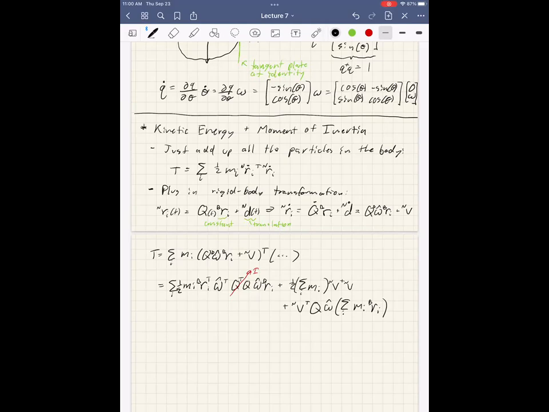If I have a bunch of r_i vectors, this is a mass weighted mean. This is the center of mass times a constant, the mass. But this guy is the center of mass of the body. So I can play a trick now. If I define my body coordinate system so that its origin is at the center of mass of the body, this term's going to be 0, right? Everyone agree? Cool.